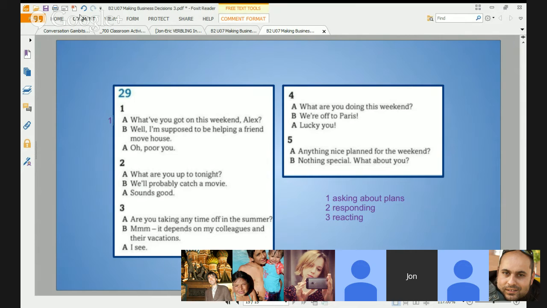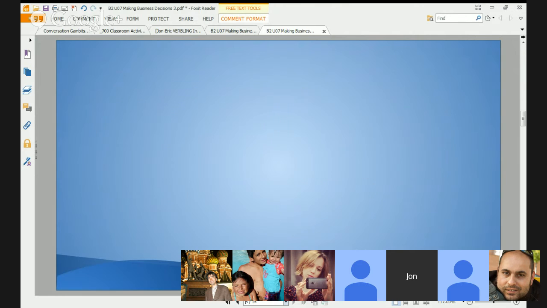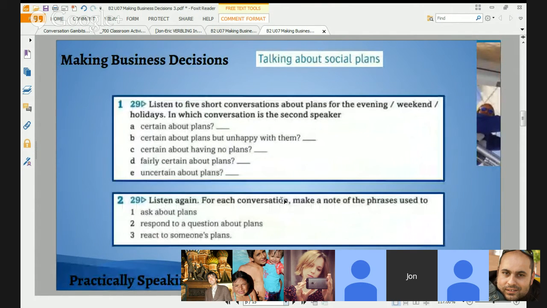Okay, let me do this because maybe this is a little bit too easy for you. I'm going to go back to the previous slide. While you can cheat if you like to, what I'd like you to do is tell me from memory one expression in each of those categories. What have you got on?